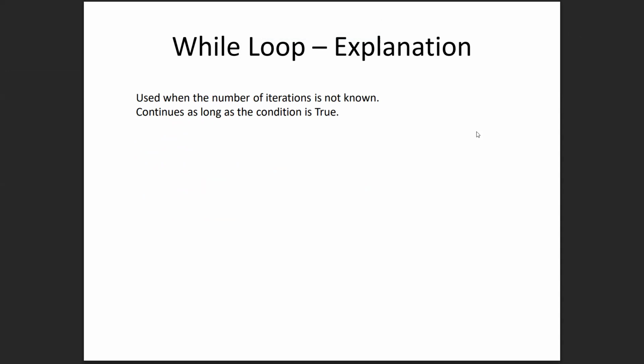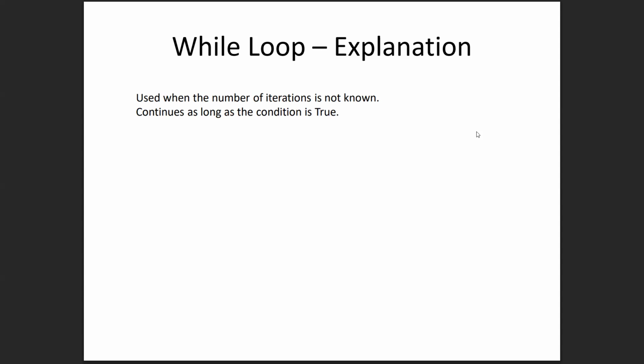The for loop is used when the number of iterations is known, but the while loop is used when the number of iterations is not known. It means you don't know how many iterations you need to do. Whenever you don't know the number of iterations, you will use the while loop. It will continue as long as the condition is true.